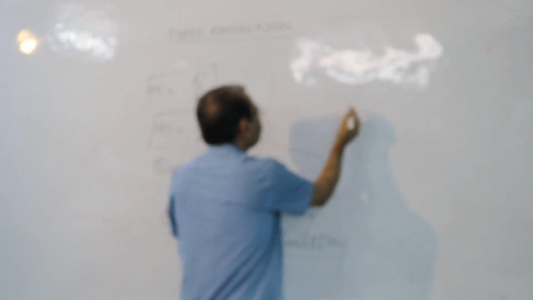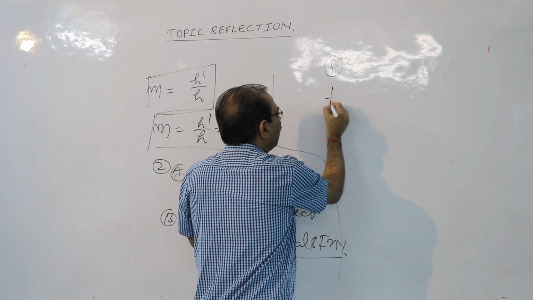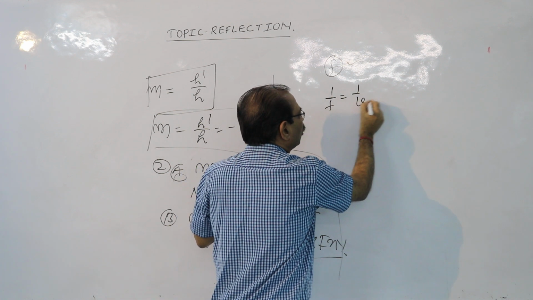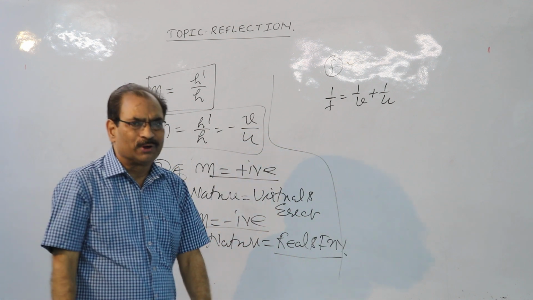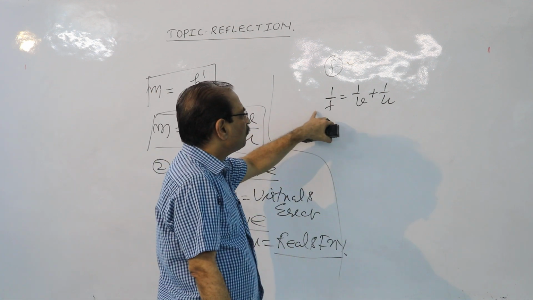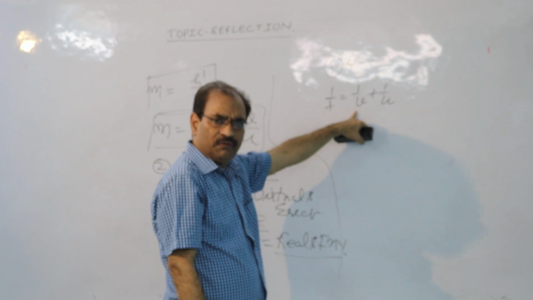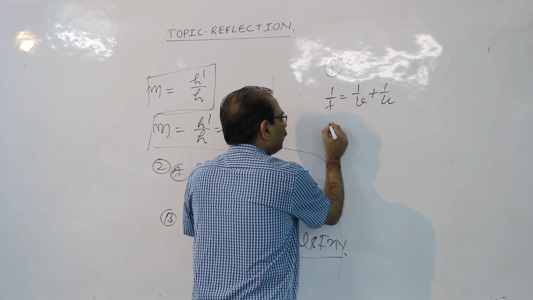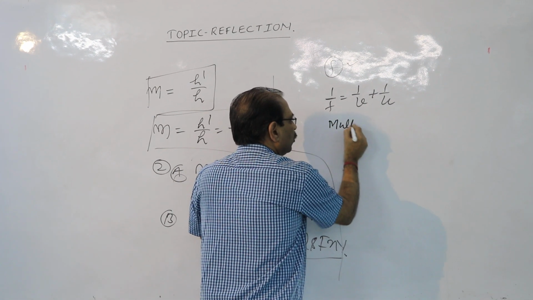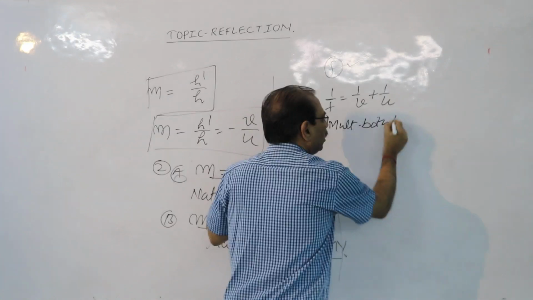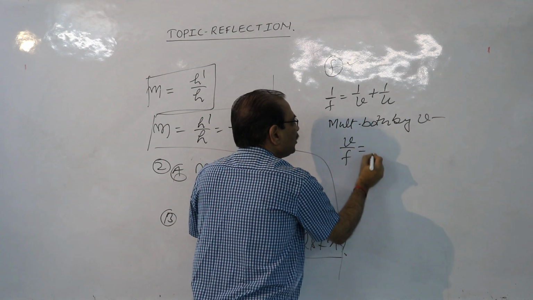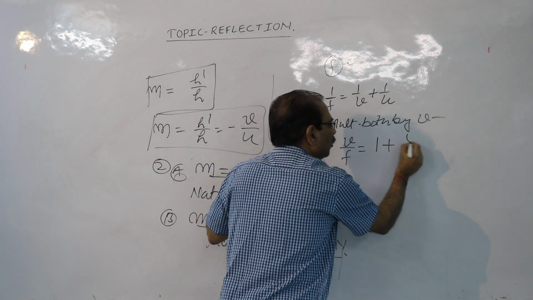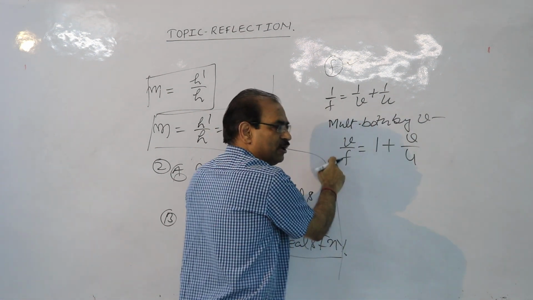You know very well that 1 upon f is equal to 1 upon v plus 1 upon u. It is the mirror formula, true in case of both the mirrors. Children, if I multiply both the sides by v, what happens? Multiplying both sides by small v, we shall have v upon f is equal to 1 plus v upon u. 1 is transferred here.